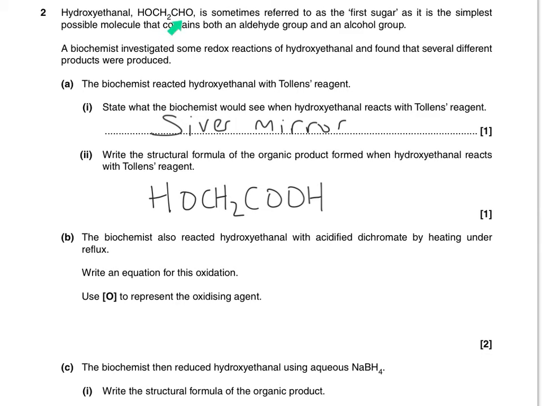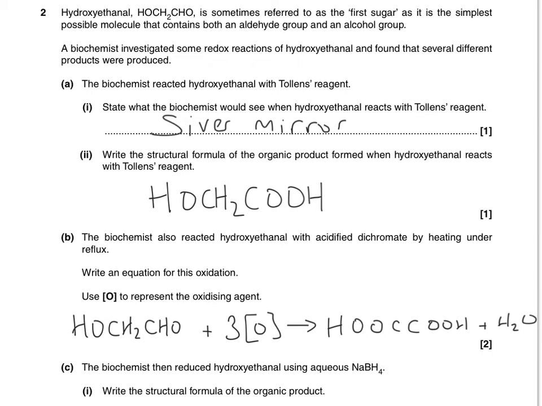So the aldehyde part will be oxidized just as before. The primary alcohol part will also oxidize, but if you remember from your oxidation of alcohols theory, they can be oxidized twice, first of all to an aldehyde and then to a carboxylic acid. So we're actually going to get 1, 2, 3 oxidations.